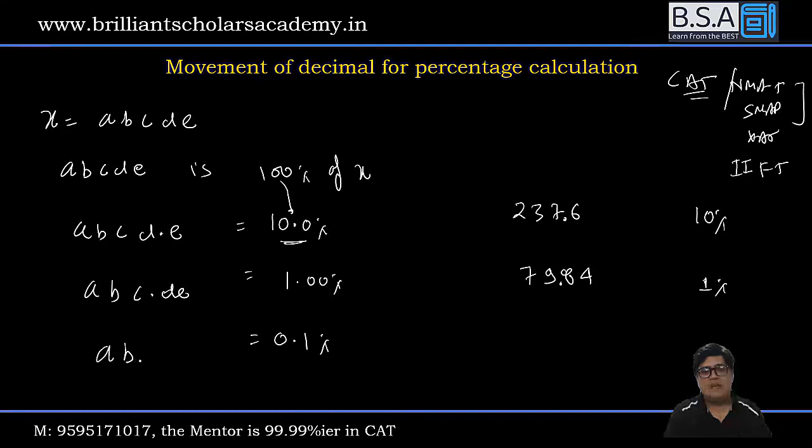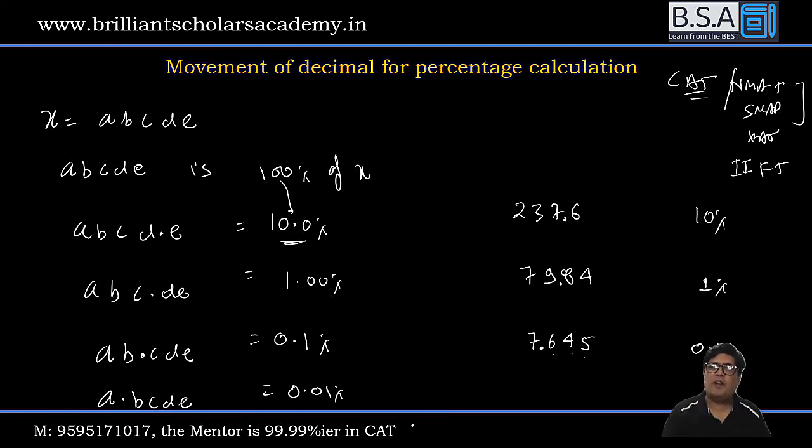AB dot CDE. Some number you have, 7645. You want 0.1%. So 1 step, 2 step, 3 step. You put decimal here. That is 0.1%. You want 0.01%. Let us say you want to explore. So you go ahead 4 steps.